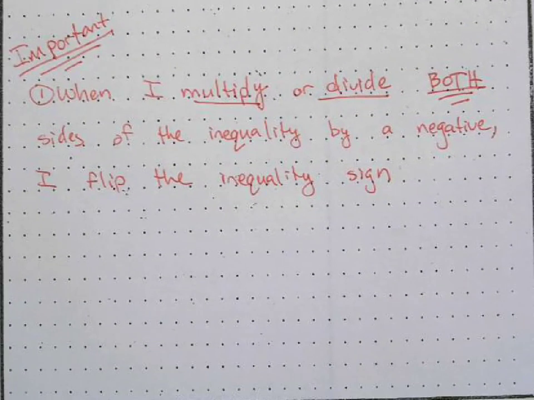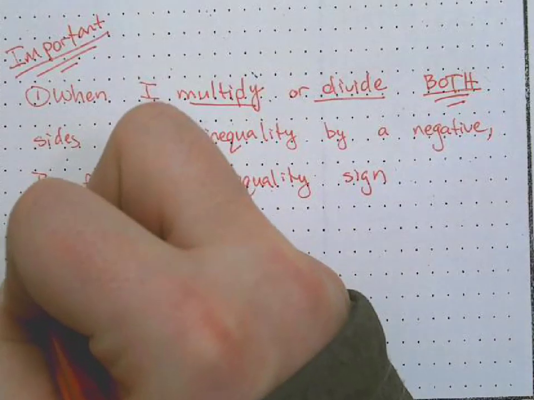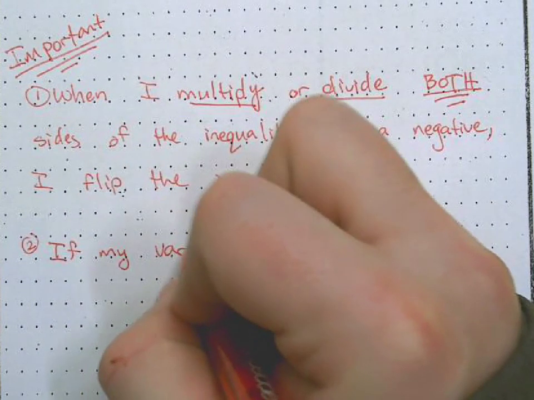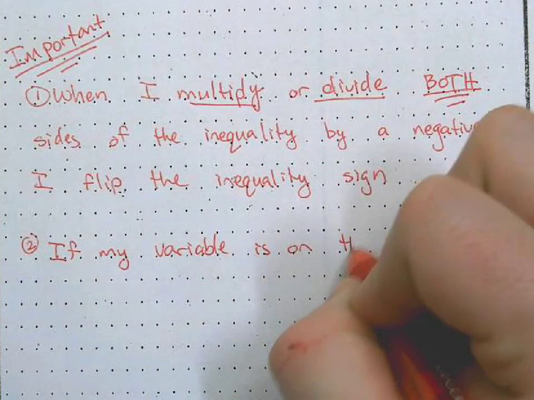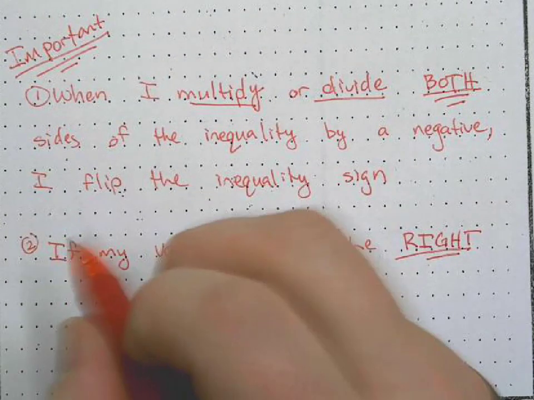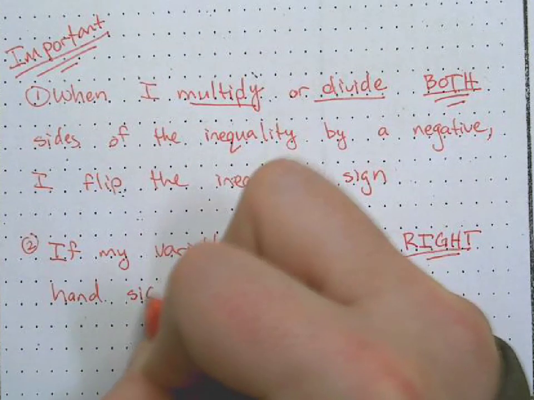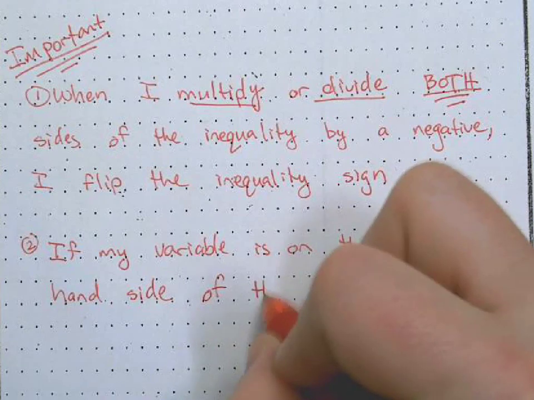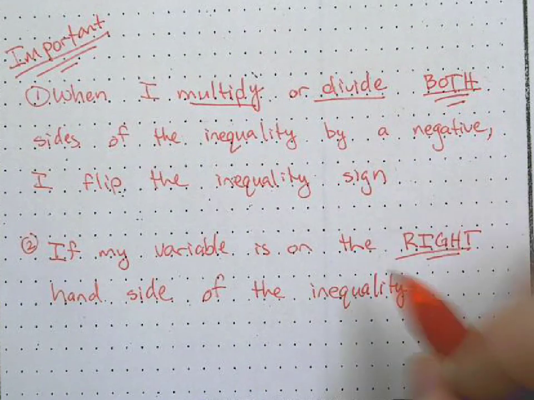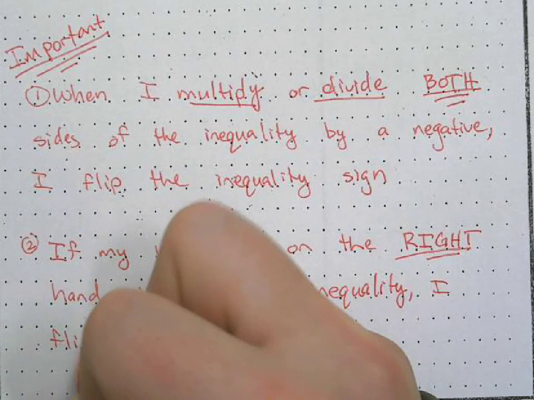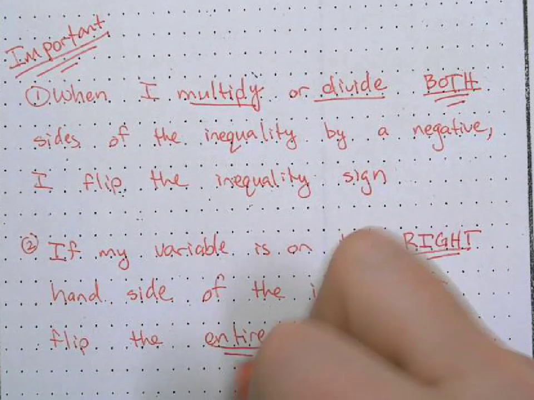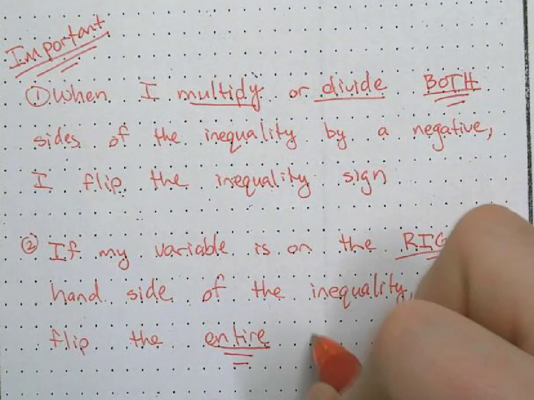Important idea number two: if my variable is on the right-hand side of the inequality, I flip the entire inequality.